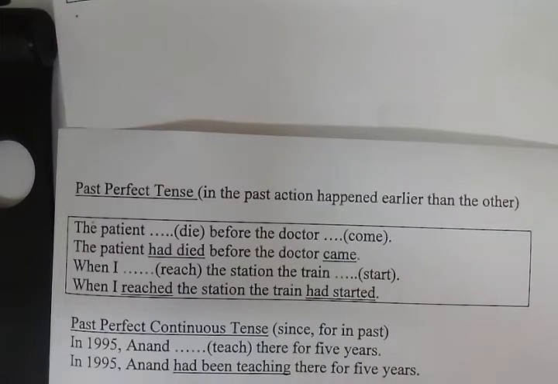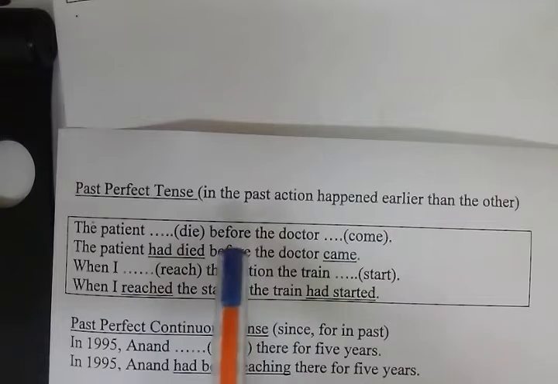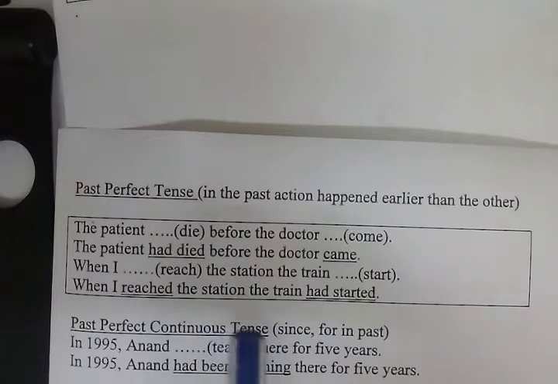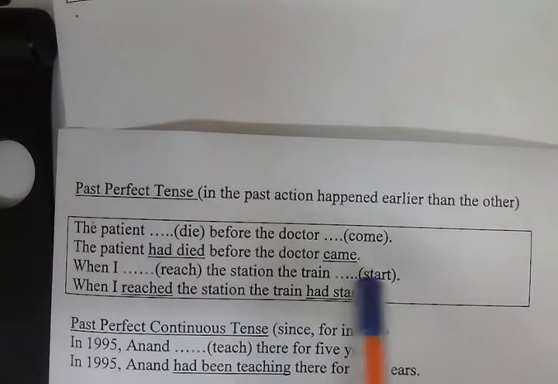Sometimes the word after is also used. So as I have told you about the word before, if you notice the word before in this kind of sentences, always use had plus third form before, means in the first part. If you notice the word after, then use had plus third form in the second part.